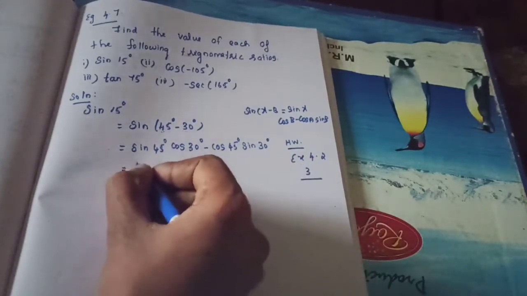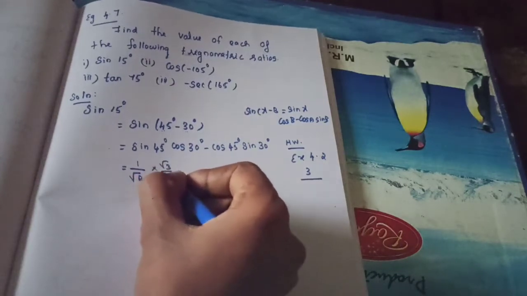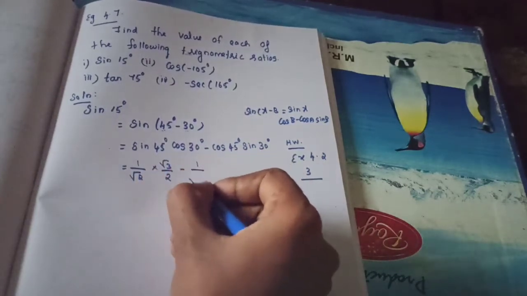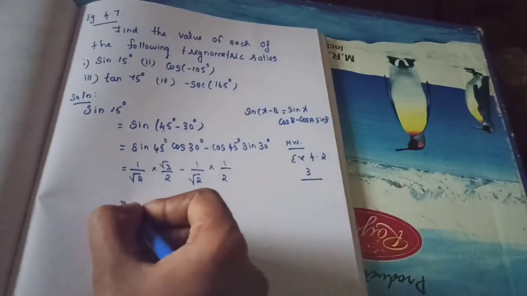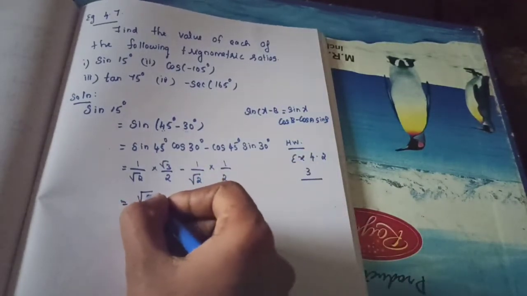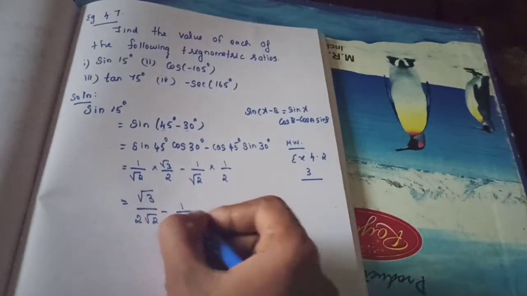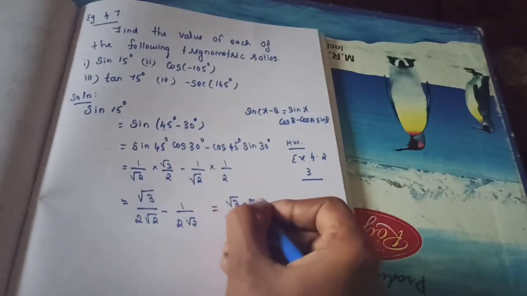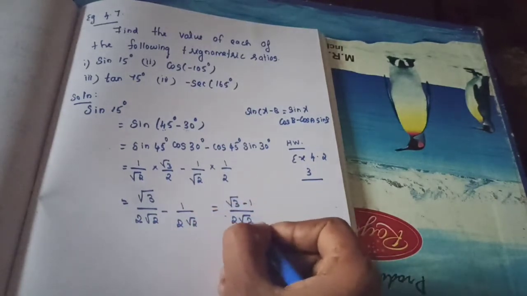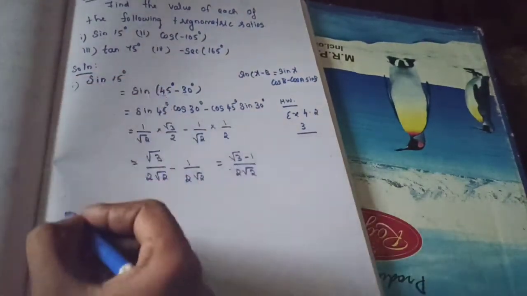So sine 45 degree is 1 by root 2 into root 3 by 2 minus 1 by root 2 into 1 by 2, equal to root 3 by 2 root 2 minus 1 by 2 root 2. Add it. So root 3 minus 1 divided by 2 root 2 is the answer. Okay, so this is the first one.